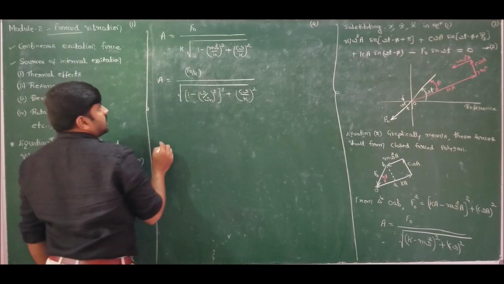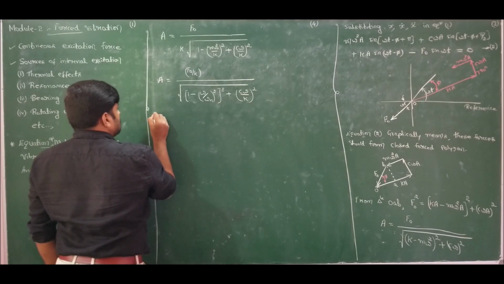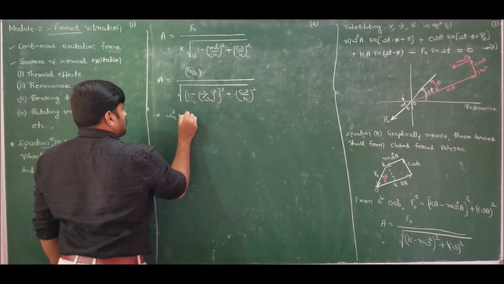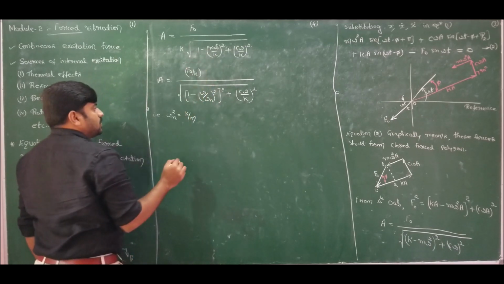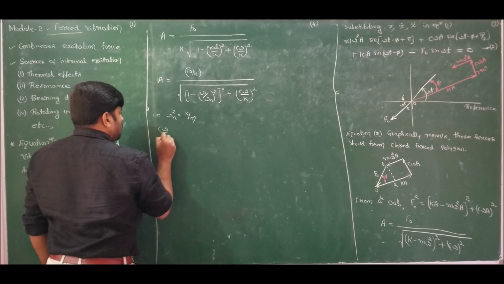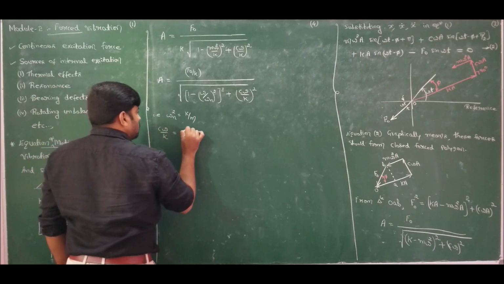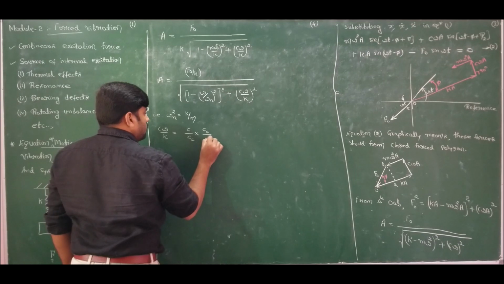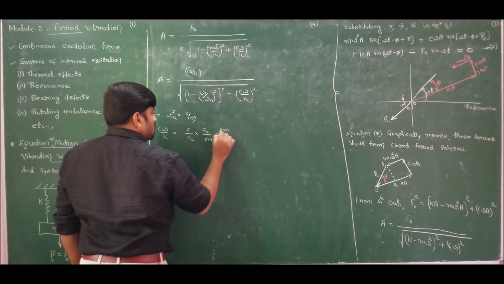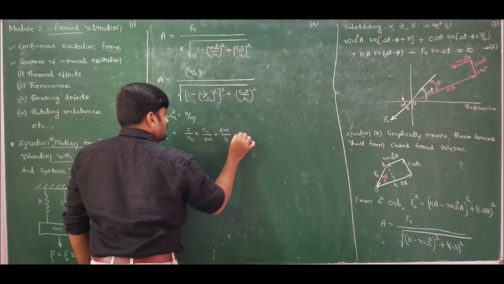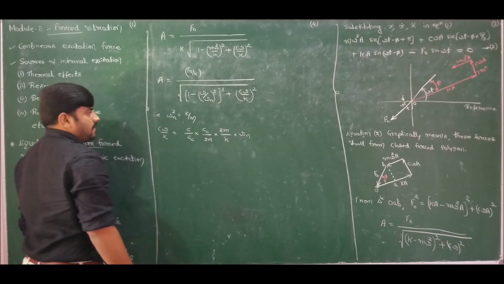Now for simplification, we know that omega n square is equal to K by m, that is what I have substituted here. Now I want to substitute for C omega by K. So what I will do, I'll multiply and divide by CC first, and also multiply and divide by 2m omega n, correct?